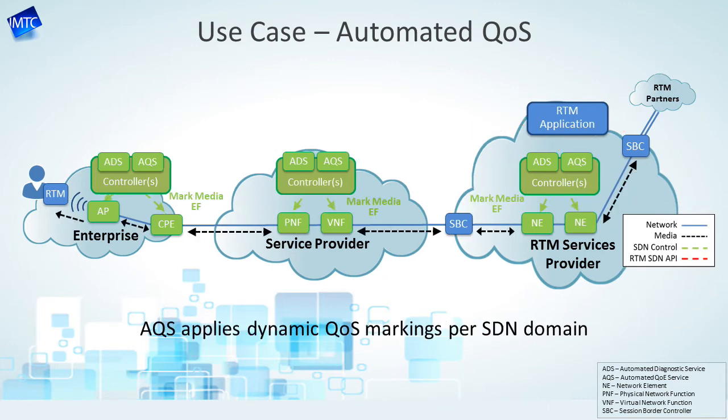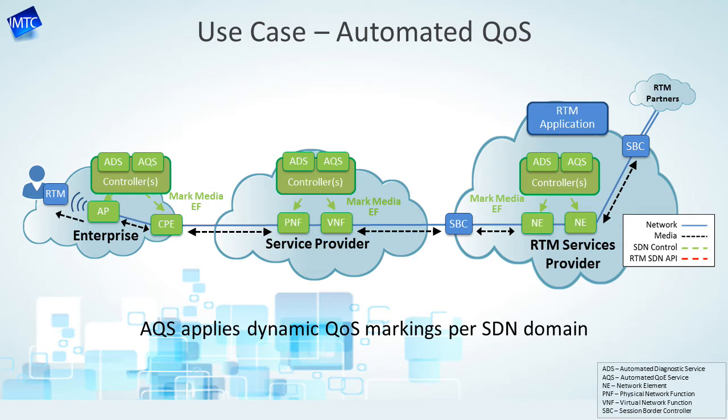As you'll see here, the AQS can now mark the policies correctly based on their domain, so they'll be able to push the right expedited forwarding for a voice call, or AF41, for example, if it's a video call. Then we can mark that QoS correctly for their domains based on what the RTM application has sent them as the flow parameters, or the five-tuple for the flows.